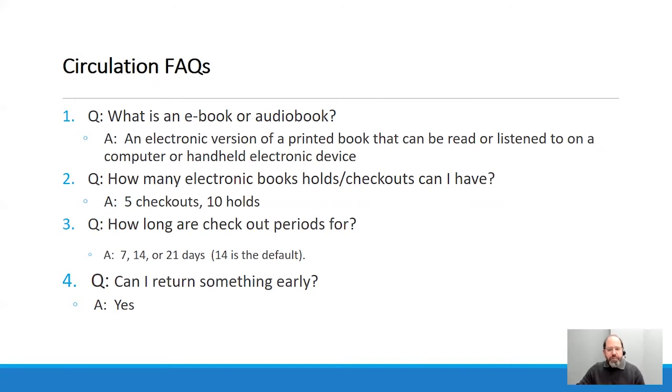And the maximum checkouts for ebooks in Wichita Public Library is 5 checkouts and 10 holds. And I don't know, Deb, if you could chime in, I'm just realizing I'm not sure.